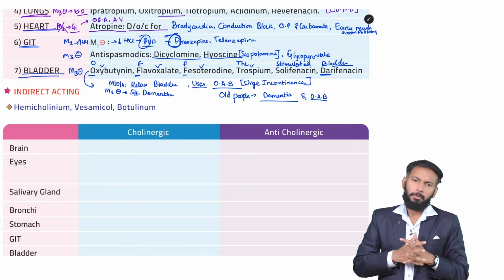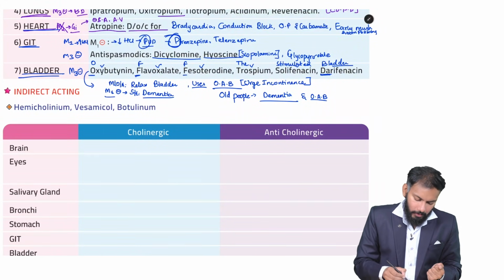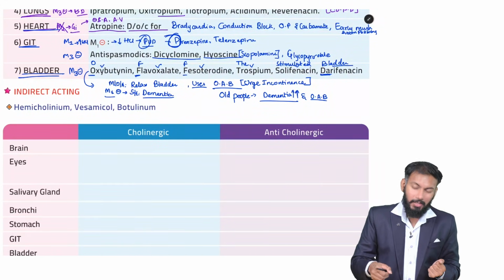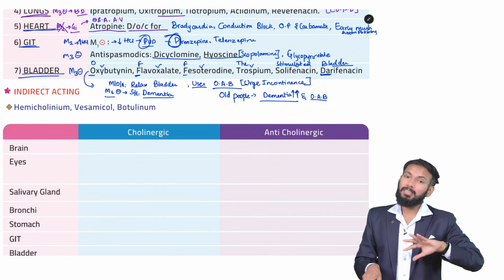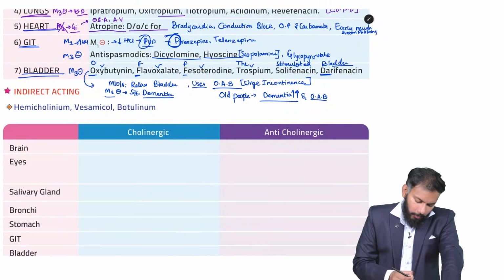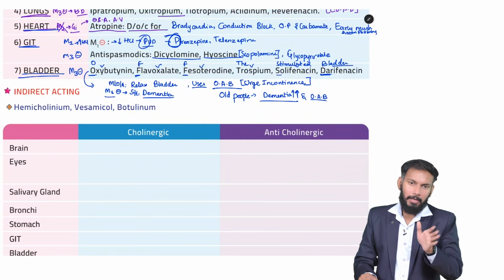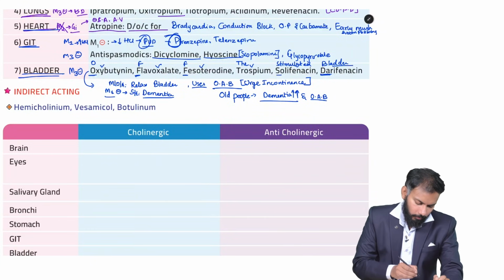You should not. Why? It is acting on M1 receptor and it is increasing the dementia. This is the question that has been asked in the exam. They have given options like oxybutynin, flavoxate, fesoterodine, solifenacin. What will you pick?